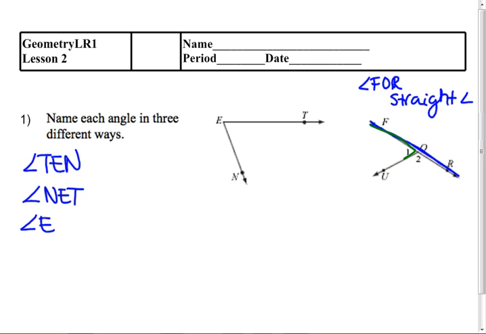How do you want to name this one? Somebody want to come up and put their answers up here? Or you want to just tell me? I don't care. What's angle 1? What's another name for that? Angle what? FOU, and angle what? UOF.